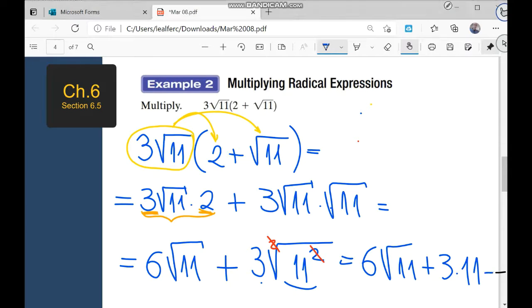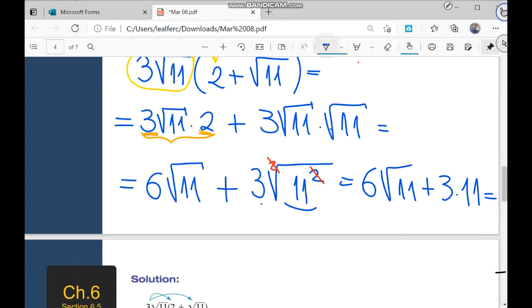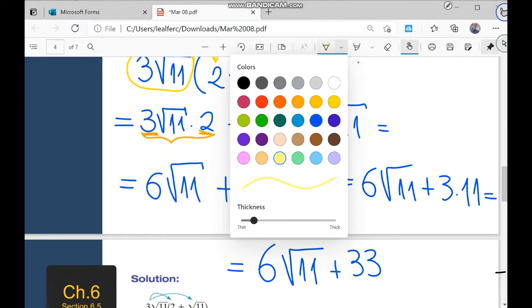The final answer is 6 square root of 11 plus 33. That is the final answer.